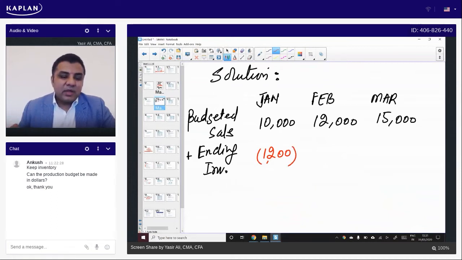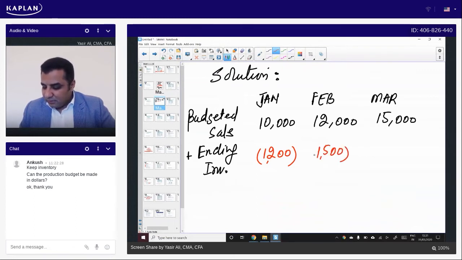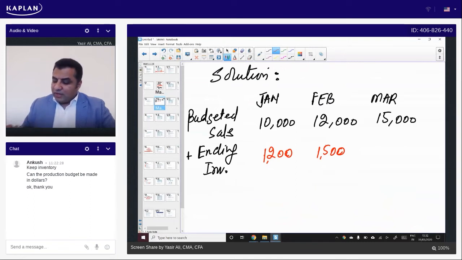Similarly, for February, the ending inventory target is 10% of the coming month's budgeted sales. The coming month is March, and 10% of 15,000 is 1,500. So now, sorry, I put brackets; I should not have put brackets here. So 1,200 and 1,500.